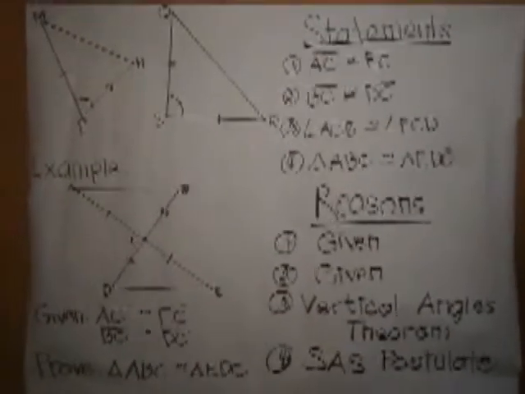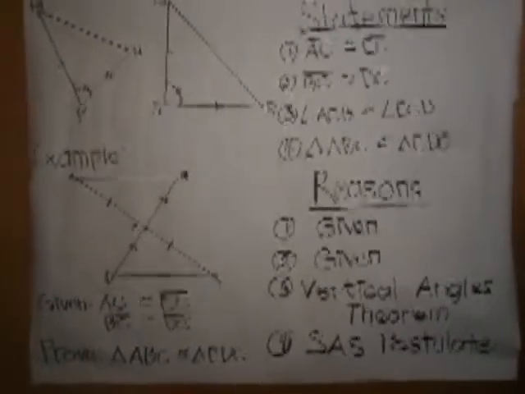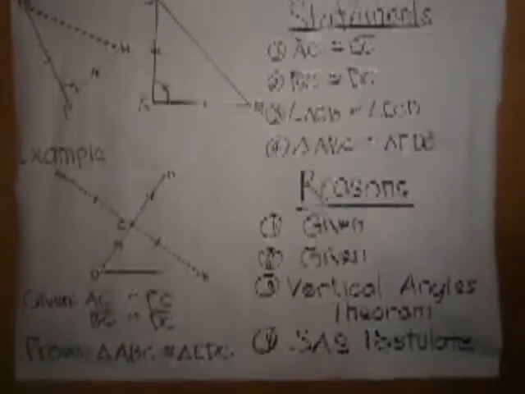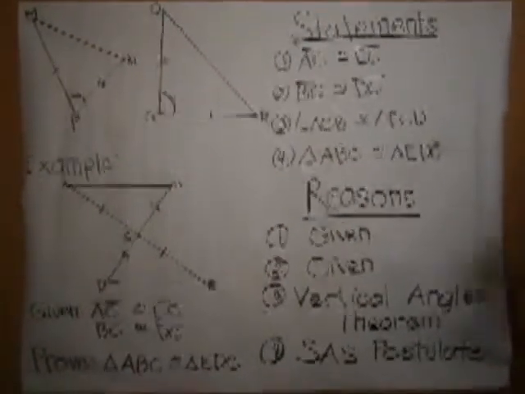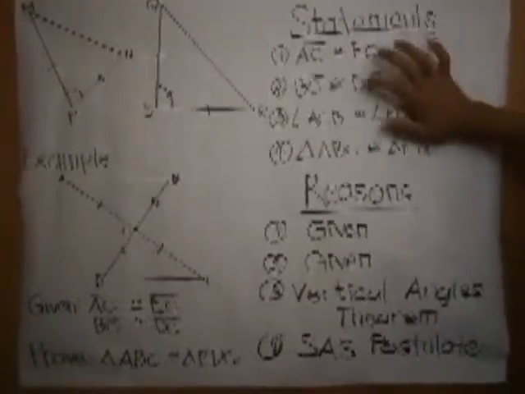So, first we will try to prove that the triangles are congruent by the SAS postulate. We are initially given that segment AC and EC are congruent and that segment BC is congruent to DC. So we have two statements and the reasons are both given.